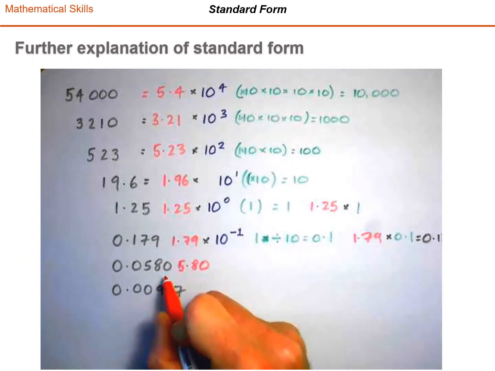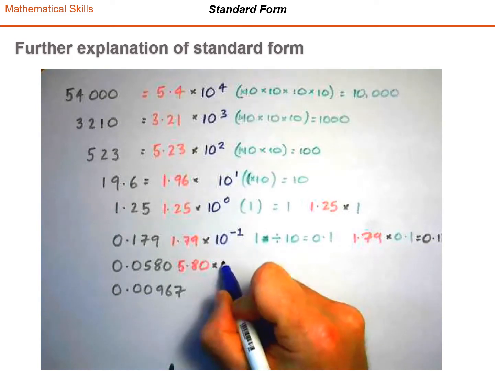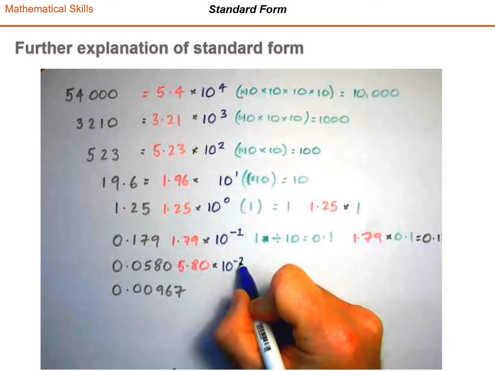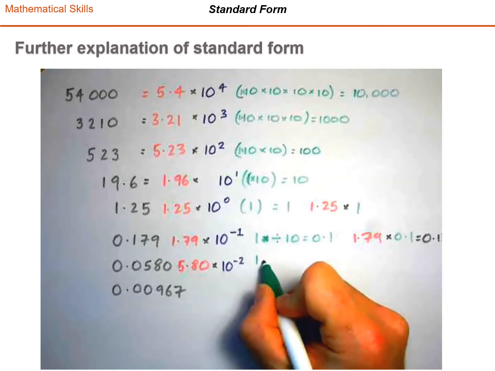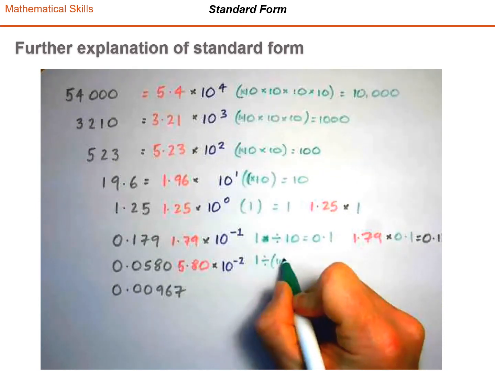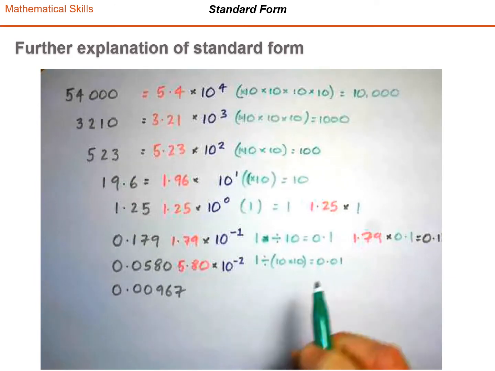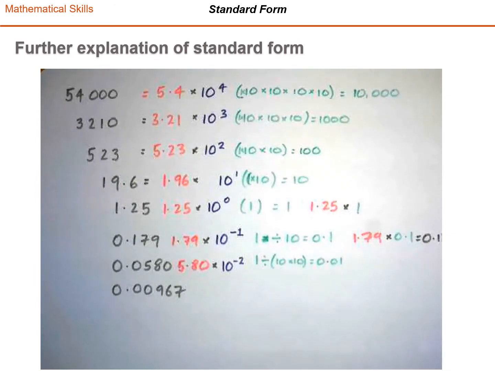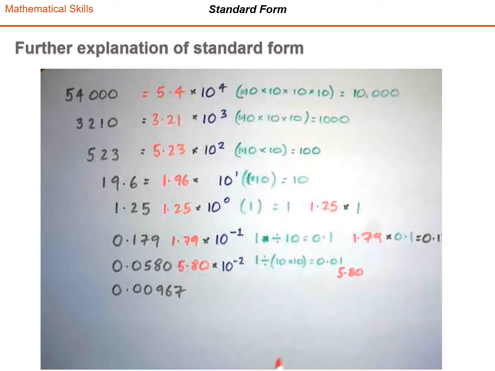I must keep that trailing 0 here. That is then going to be multiplied by, hopefully you've guessed it, that's right, 10 to the minus 2. And in this particular case, it's going to be 1 divided by 10 times 10, which gives us 0.01.